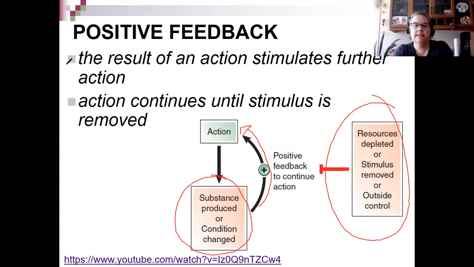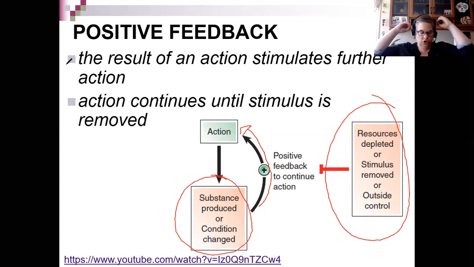Okay, so let's think about an example of this. Fight or flight response. A little kid runs in front of you, you're driving your car, you slam on the brakes, you just barely miss hitting the little kid. So we're going through these motions. You see the little kid out of the corner of your eye, right? So we have this short-term, quick stress that's going on, and what are we going to do about it?